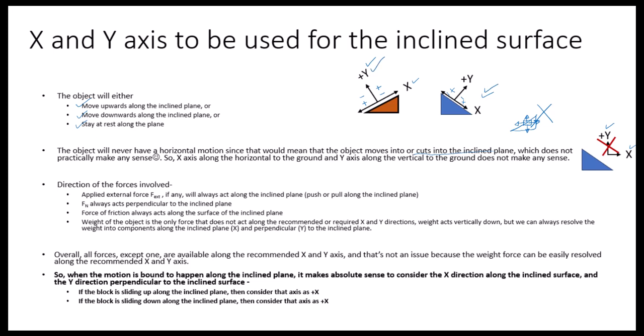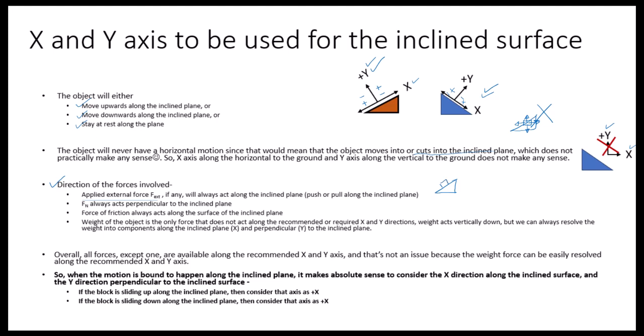Also, some more insight into this. If you see, of all the forces that are going to be available to you in such problems, what is going to be the direction of the forces? So you are given an applied external force, FEXT. So that may act. So let's say you have an object on the inclined plane.